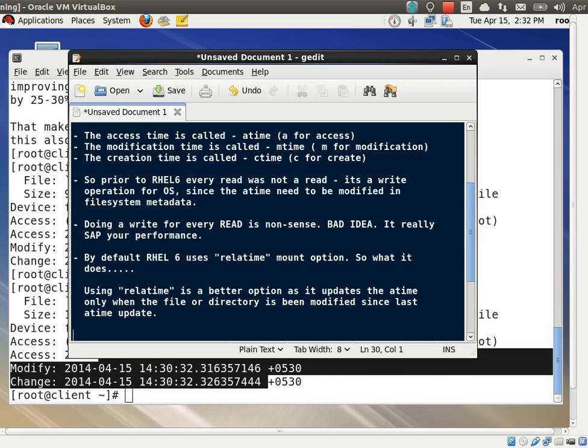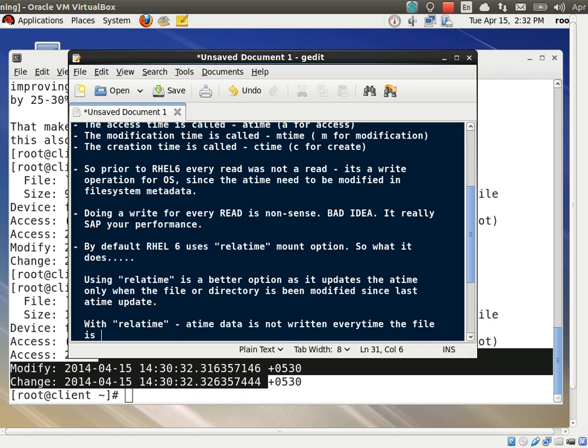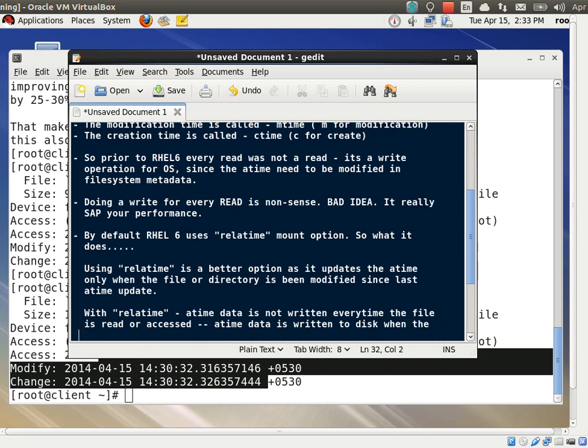right? So with relatime, I can write here, atime data is not written every time the file is read or accessed. Atime data is written to disk when the file is modified, right?